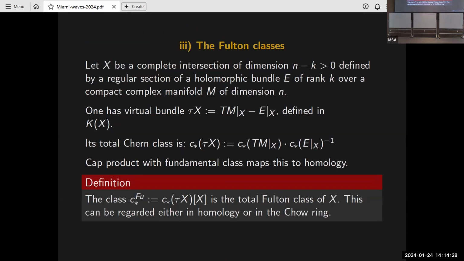Now, one can also consider a little different technique. Suppose that the variety is defined by a regular section. We have a holomorphic bundle E of rank K, the complex dimension of the fiber, over a manifold M of dimension N. You take a regular section, and that gives rise to a complete intersection X in M. In this setting, you can take the tangent bundle of M restricted to X, and E restricted to X, which makes the normal bundle.